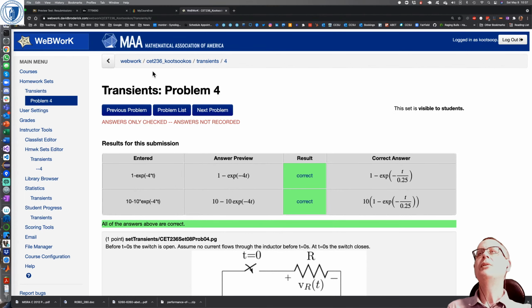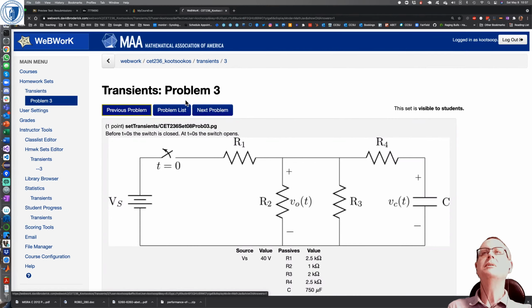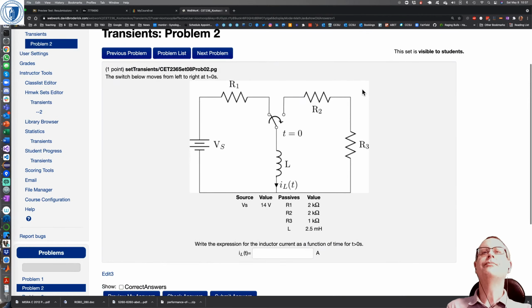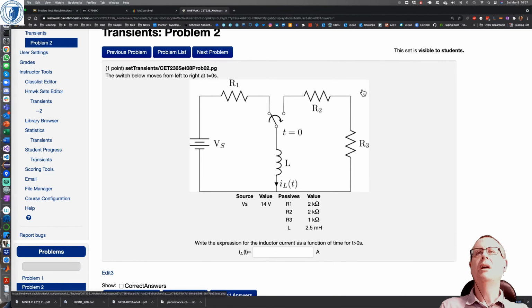You also wanted question 2, so let's go back a couple to question 2. The switch below moves from left to right at time t equals 0 seconds. So we're going from an initial condition.